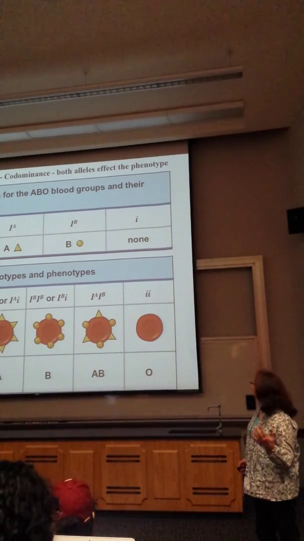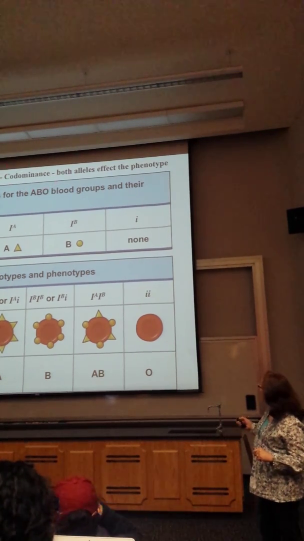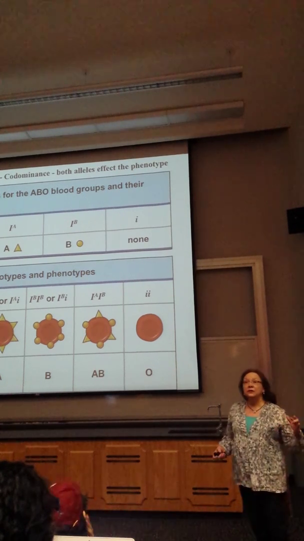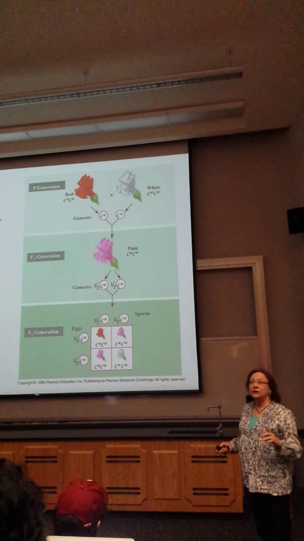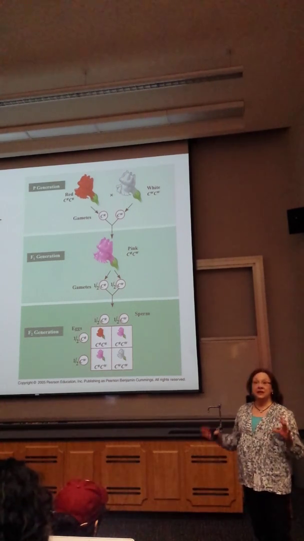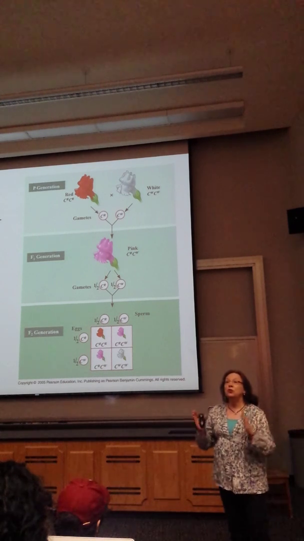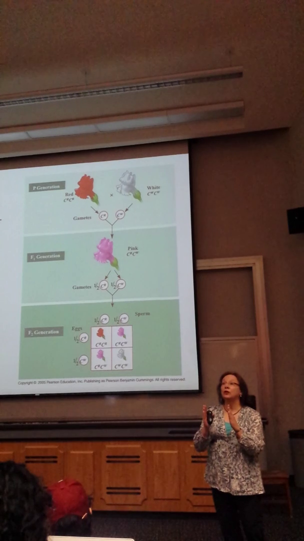The next complex pattern of inheritance involves a process called codominance. And this brings me back to our first slide. To me, there is no such thing as incomplete dominance. We each receive 2 alleles for each gene.